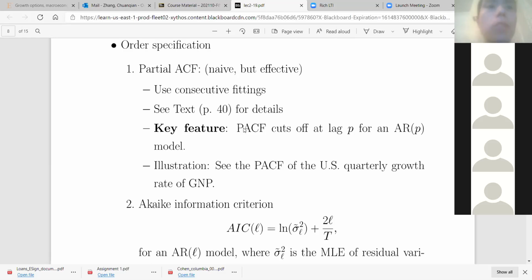Let me search around a little bit to see if I have such a figure, okay? And then I will go back to the screen. Meanwhile, you can open your textbook and look at page 40 and that figure. Let me find that file.